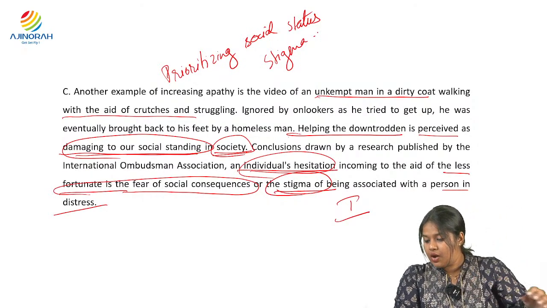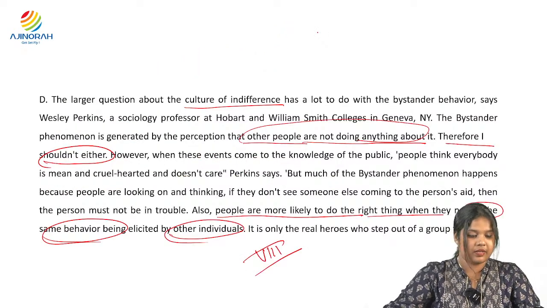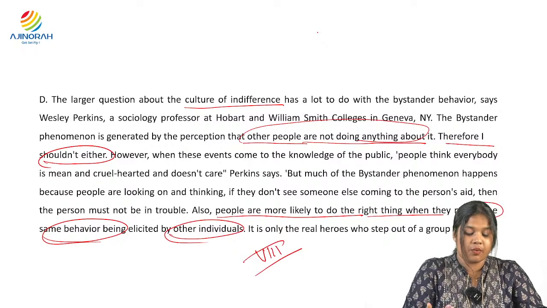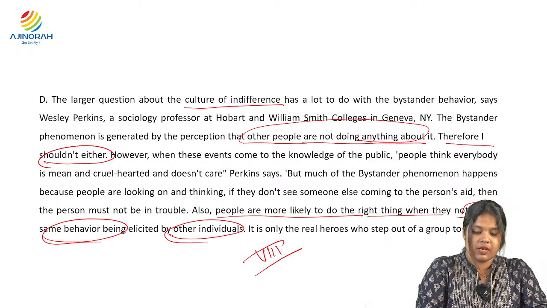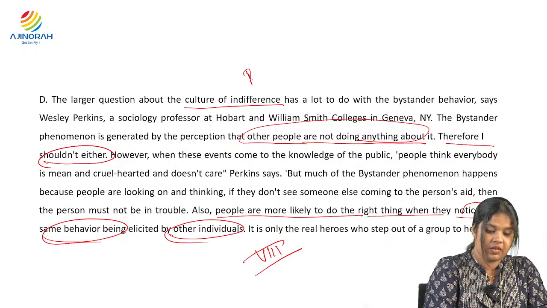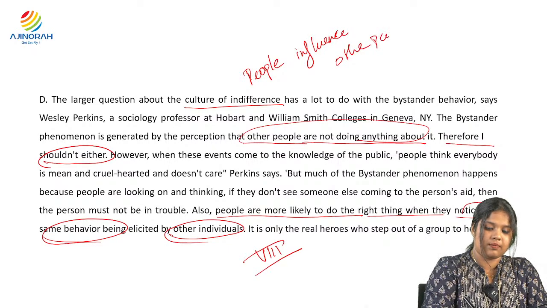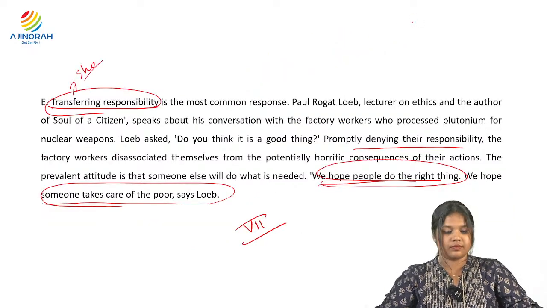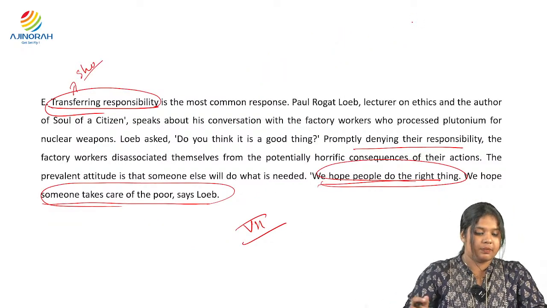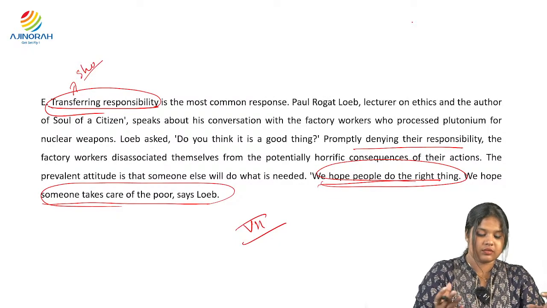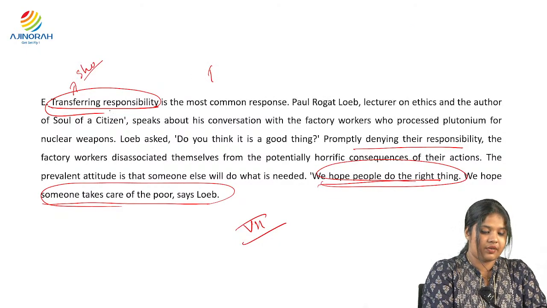Okay, now then comes this one. In here, what are they talking about? They're talking about that if one person is not doing anything, the other person won't do. So yes, people influence other people, right? Then in the 6th paragraph, they talk about transferring responsibility.